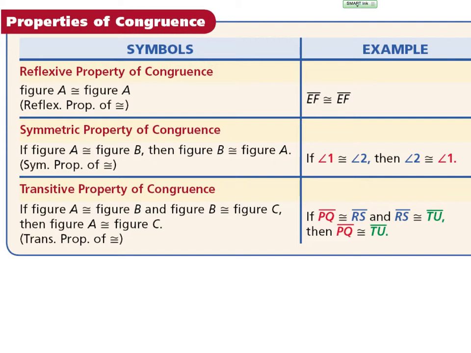You won't really use these in the solving, but for these examples, they're going to simply give you a statement and say, which property is this? It might be reflexive of congruence, it might be reflexive of equality. So you have to tell me the property, reflexive, symmetric, or transitive, and then whether it is of equality or of congruence.